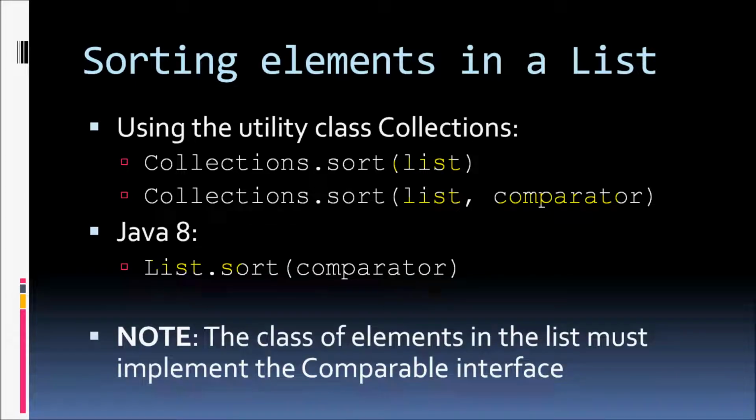Note that the class of elements in the list must implement the Comparable interface, so the elements in the list collection can be compared to each other. Otherwise, we get an exception.